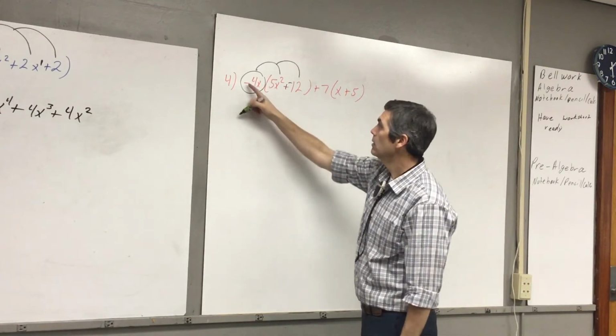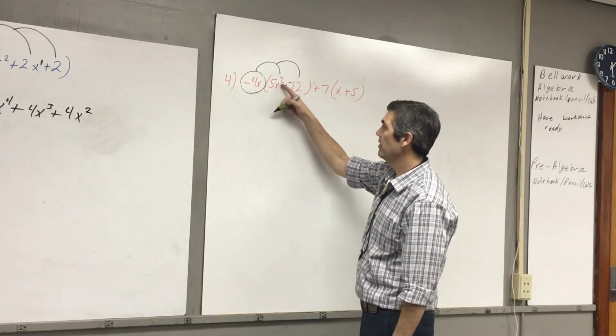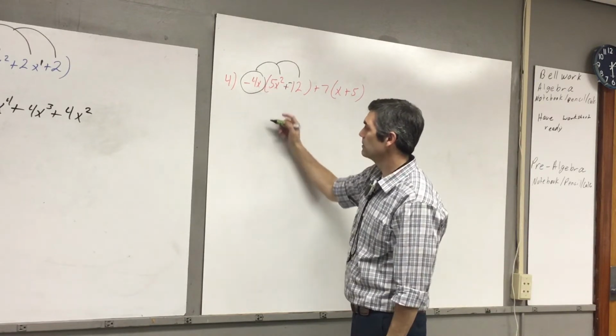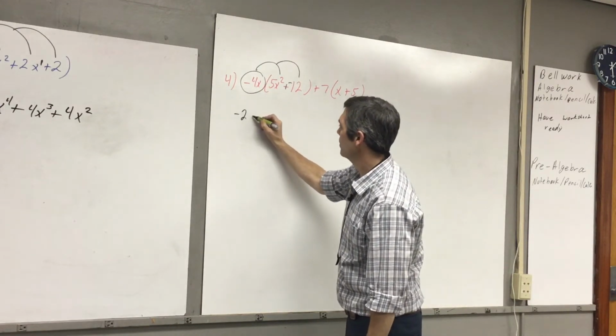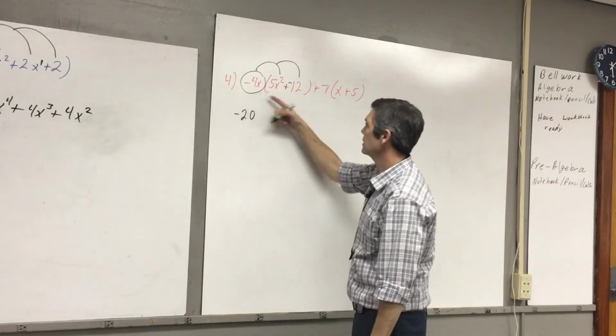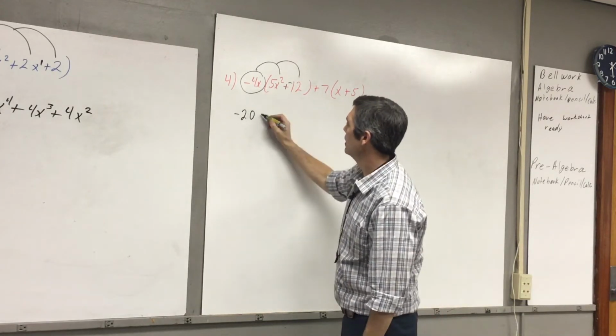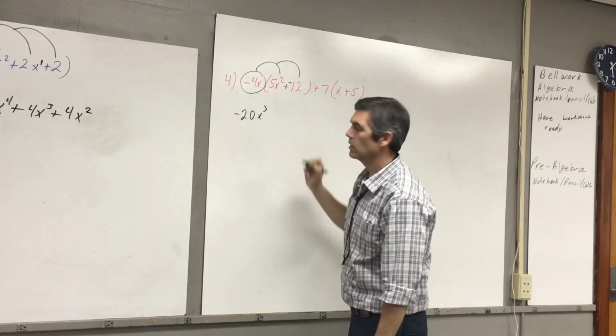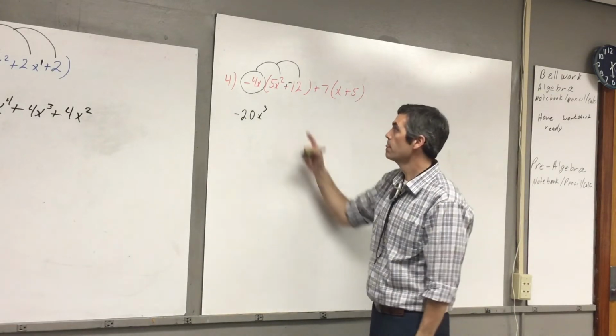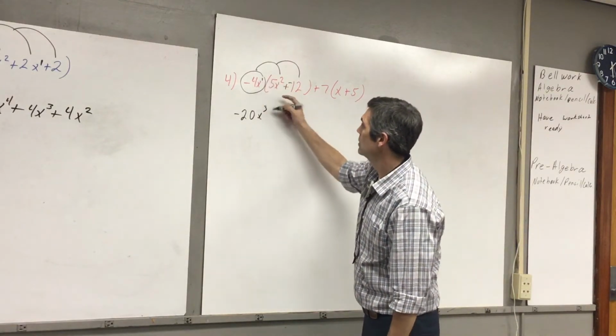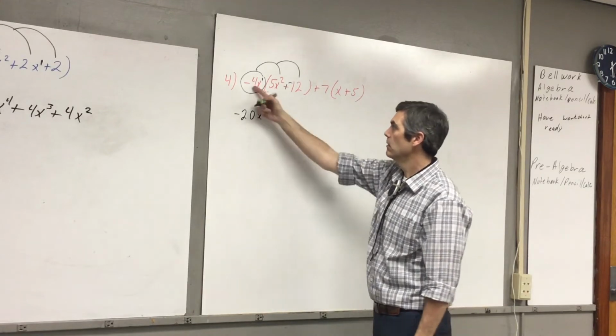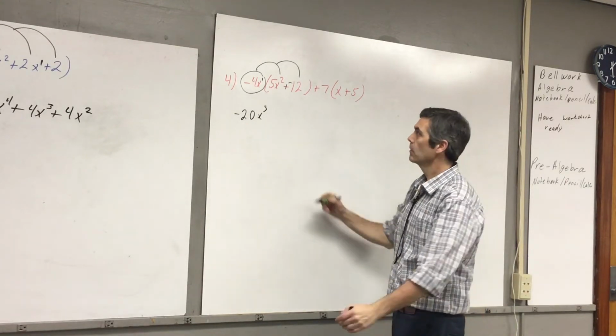Okay, so negative 4x times 5x squared. Negative 4 times 5, I lost it for a second. Negative 20x to the third. The x to the first, x to the second, add them, negative 4 times 5 gets you negative 20.